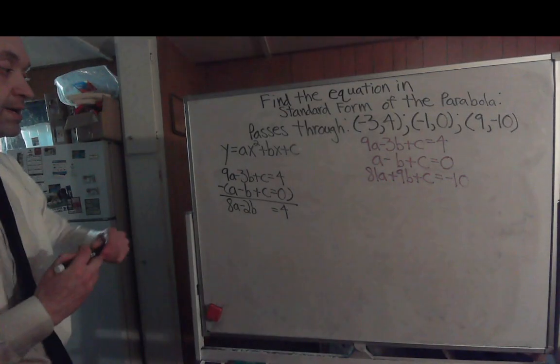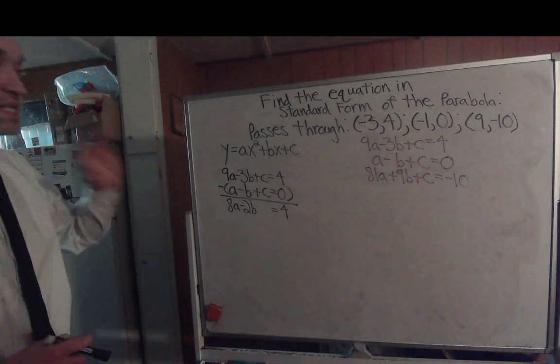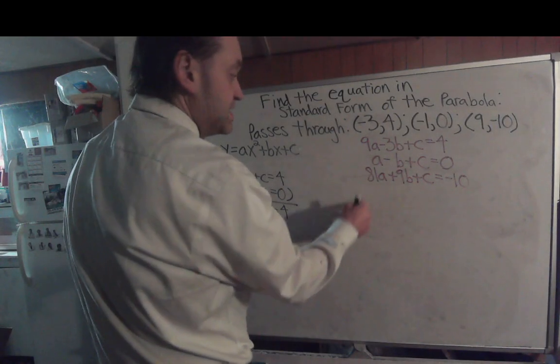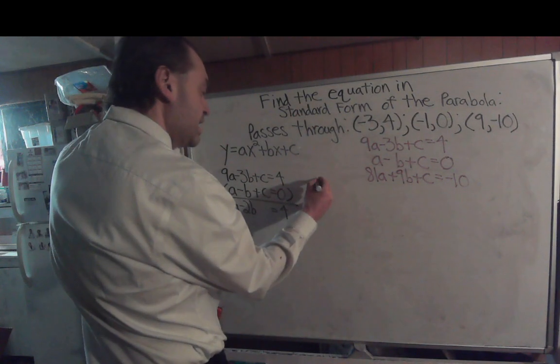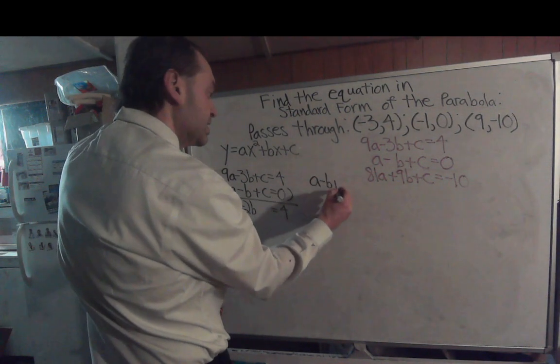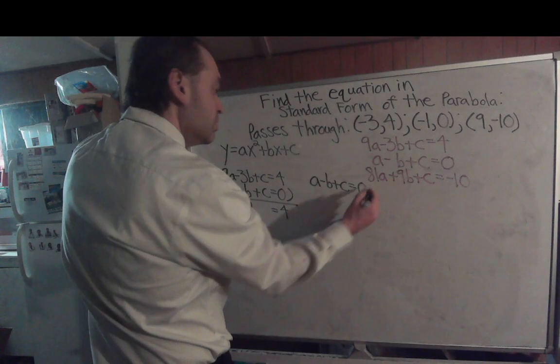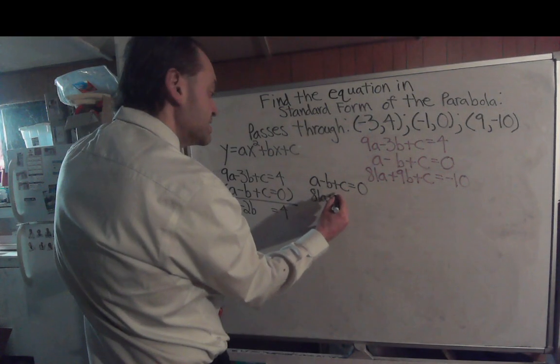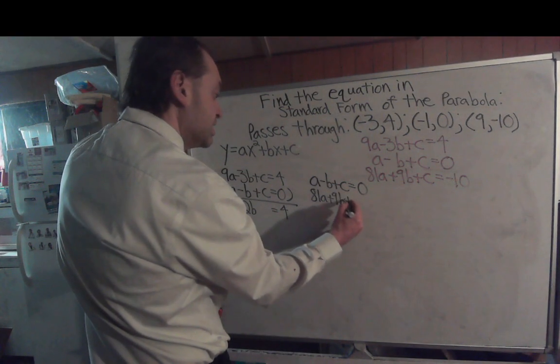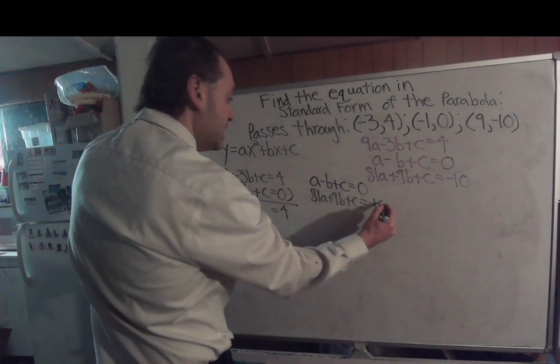So there's one. Now I'm going to say let's deal with the second and third equation here. Take your a minus b plus c equal to 0, and then your 81a plus 9b plus c equal to negative 10.